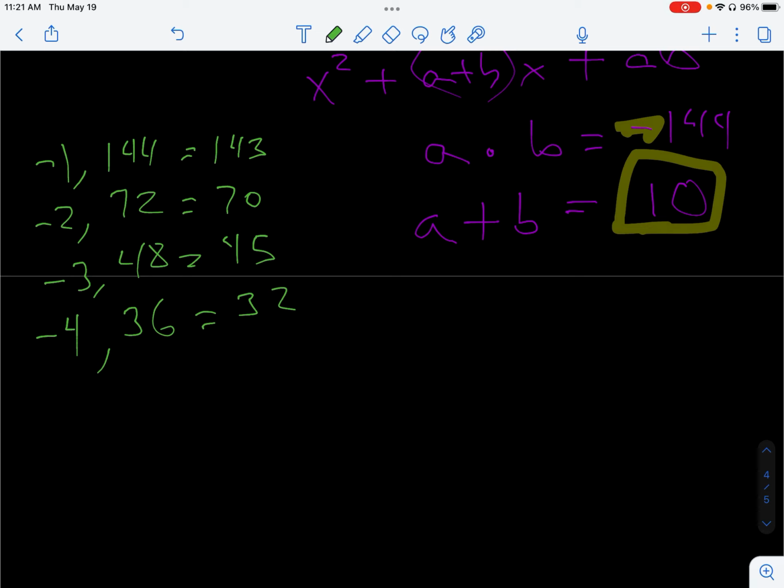Well, 5 doesn't go evenly into 144, so we'll skip that. 6 goes into it 24 times. That equals 18. We are getting closer. 7 does not go into 144. Negative 8 does, and negative 8 plus 18 is 10. So we stop. We found our factors.